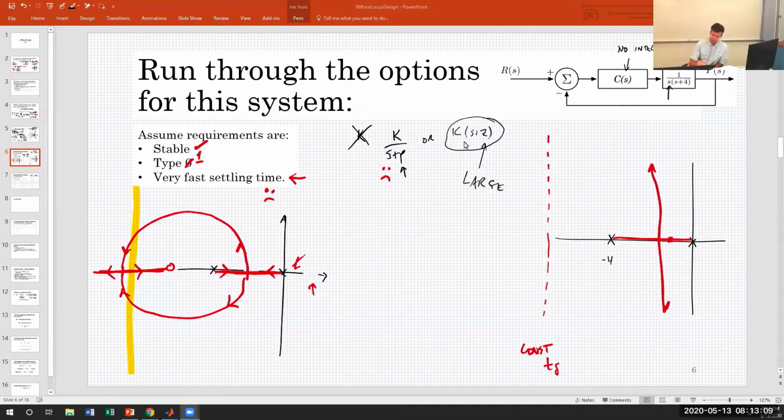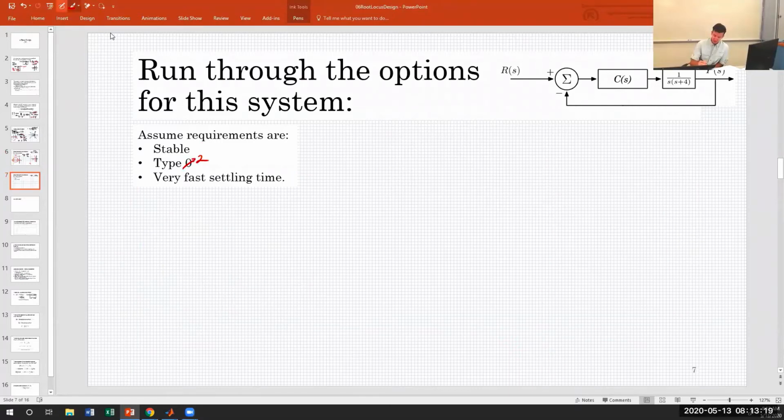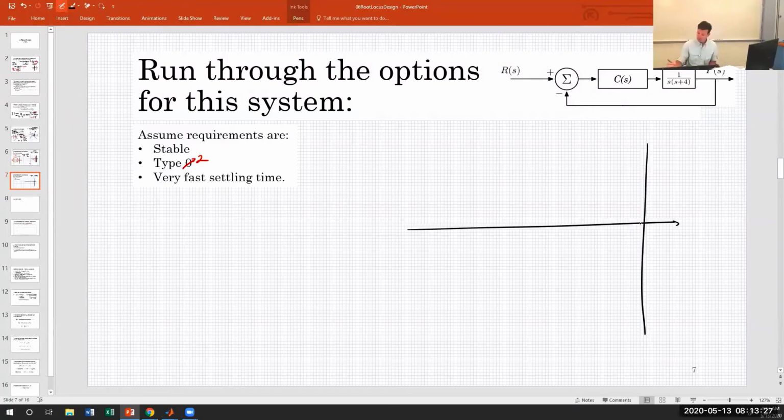So let's actually consider the same problem, but I'm going to change the requirements. Say we need a type 2 system. And so let's consider how that would change the root locus. So again, we've got the plant pole at the origin, we've got the plant pole at -4.